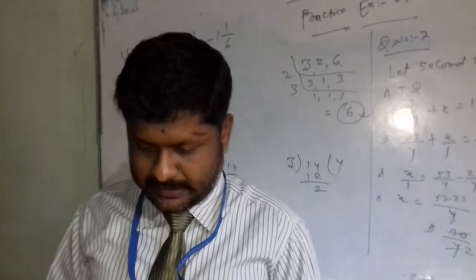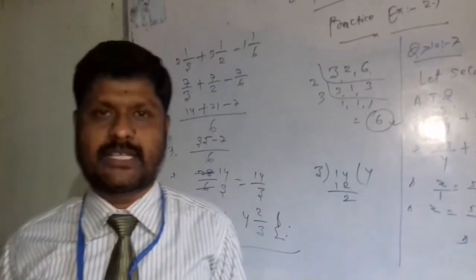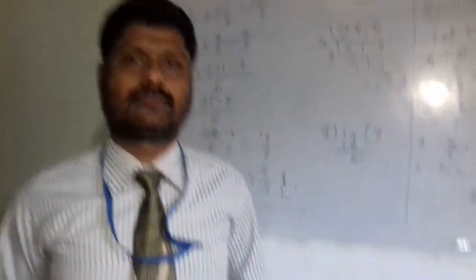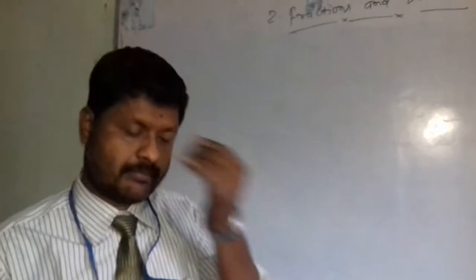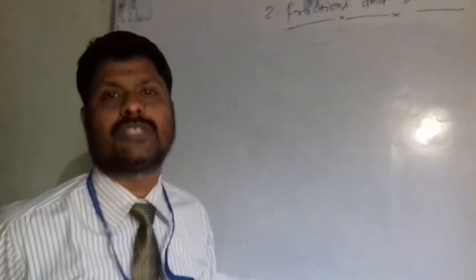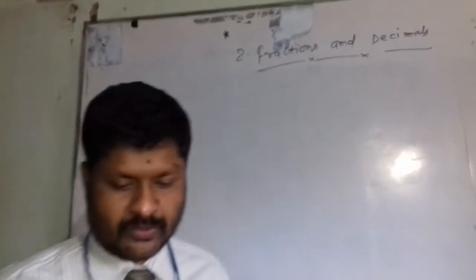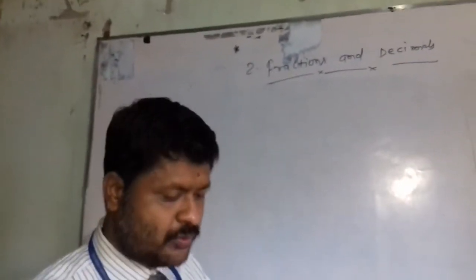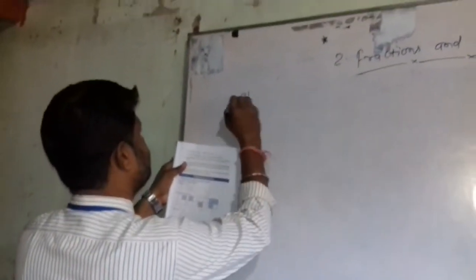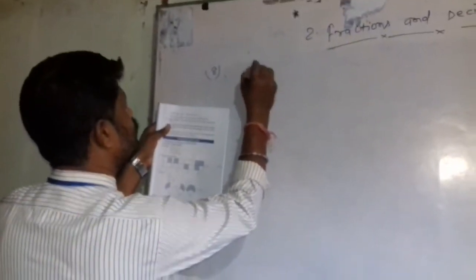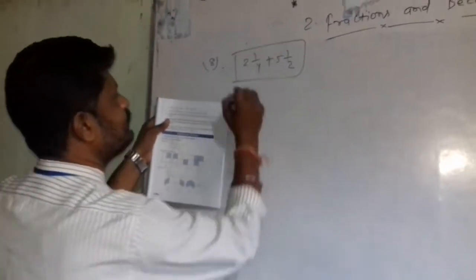Okay, we have to discuss question number 8, question number 9 and question number 10, and these are subjective questions. Which is greater, the sum of 2 whole 1 by 4 and 5 whole 1 by 2? That means in question number 8, you have to solve these two.